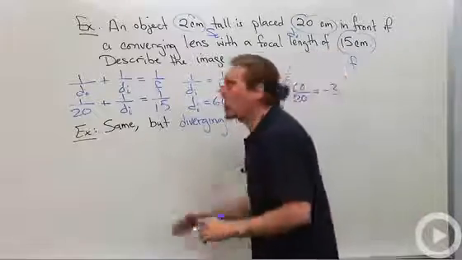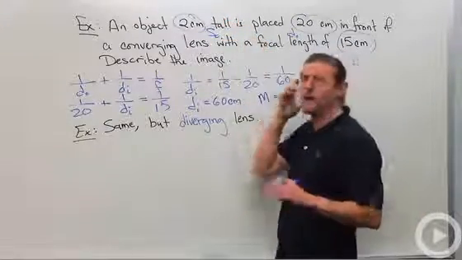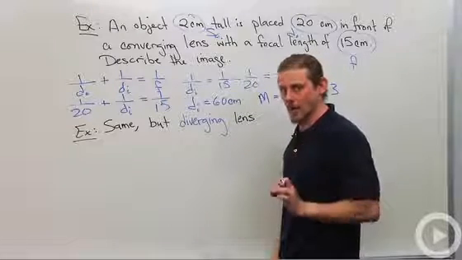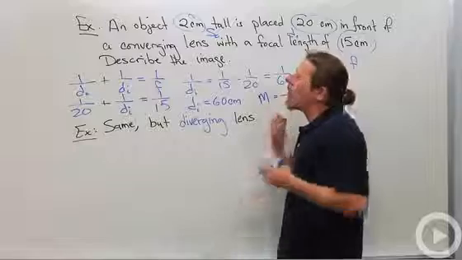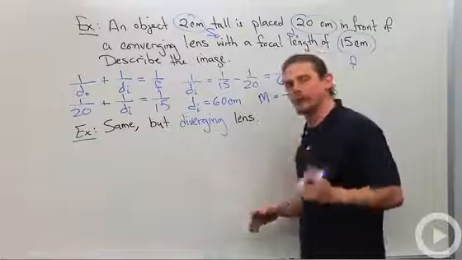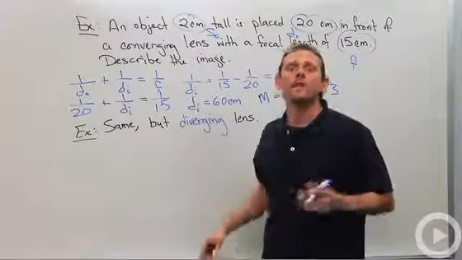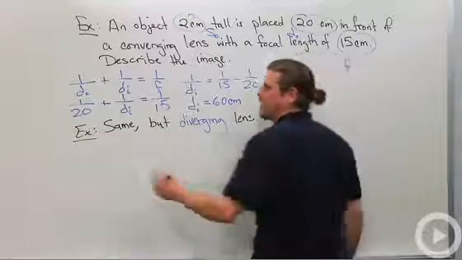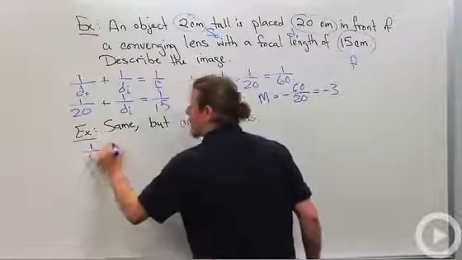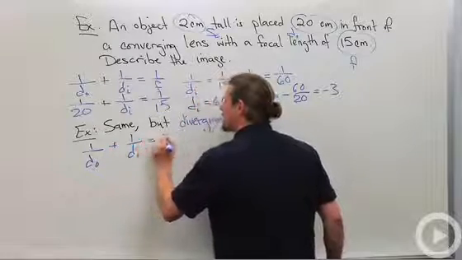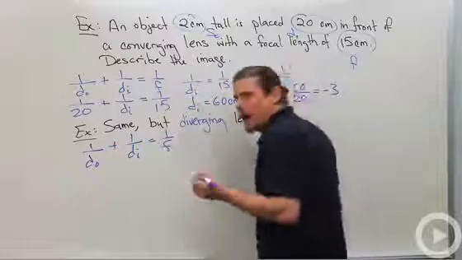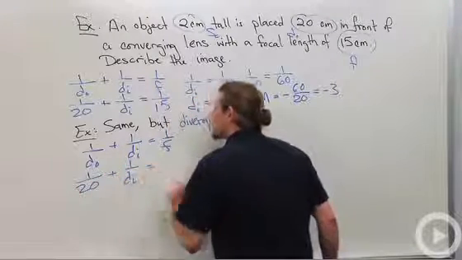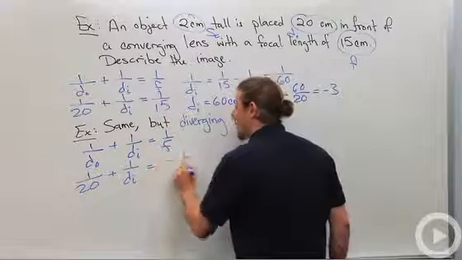The next example is everything's exactly the same, except it's a diverging lens this time, not a converging lens. All right. Well, what's the difference between a converging lens and a diverging lens? The difference is that the focal length should now be taken to be negative. So we'll start off with the same equation, but then when we plug in the numbers, it's negative 1 over 15.